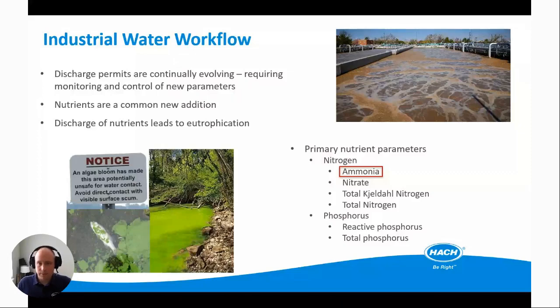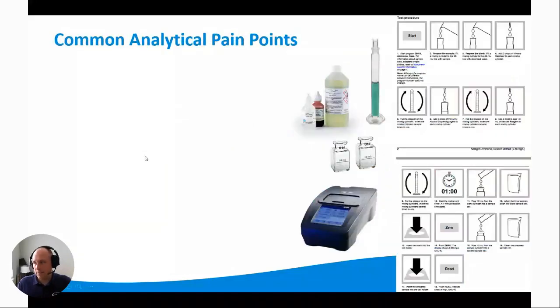If this is your wastewater basin up here, this big brown body of water, and you want to test for ammonia, what are you going to do? This is representative of the typical historical ammonia procedure. Hach has been doing this for, like I said, 80 plus years.